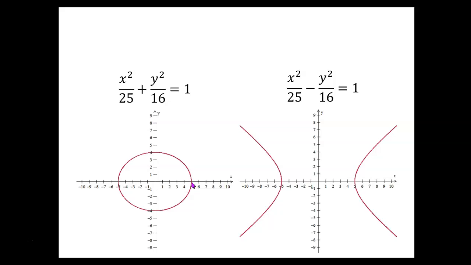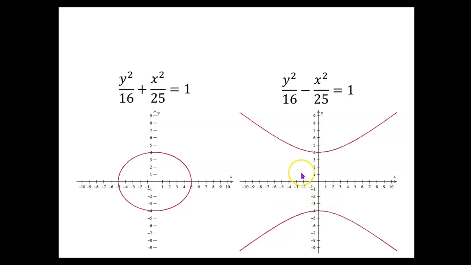So instead of starting at the vertices and coming inward, you start at the vertices and go outward, and you get the hyperbola. So this right here is x squared over 25 minus y squared over 16 equals 1. That's what the graph looks like.